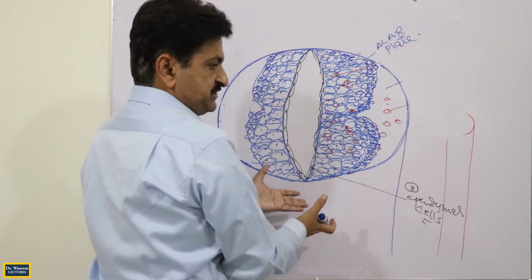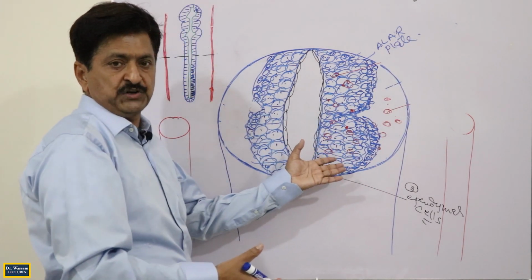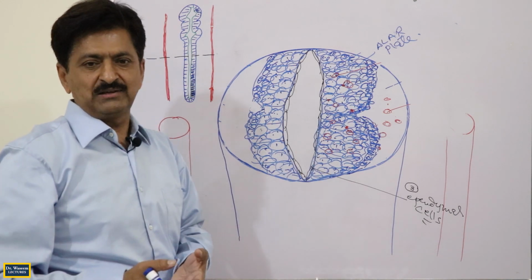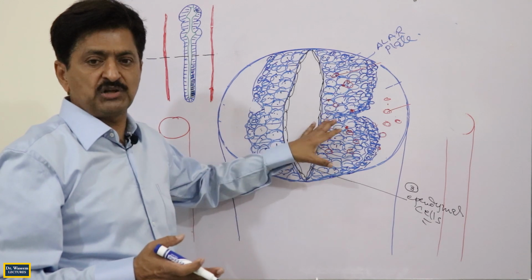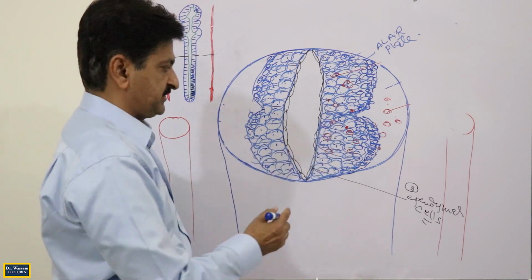And this plate which is ventrally available here for the motor function, you can call it the motor plate, the anterior plate, the ventral plate, but embryologically this is called the basal plate.